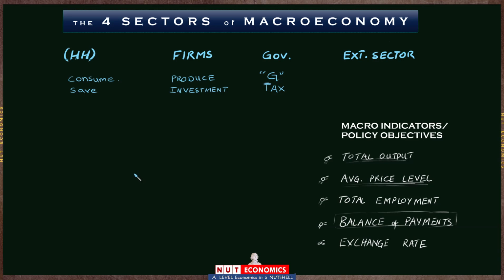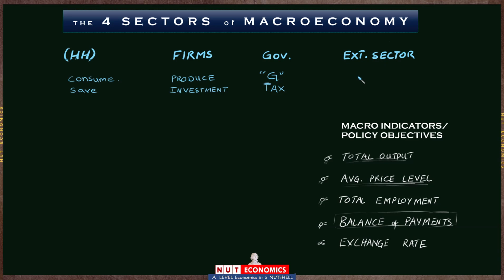But instead of looking at and analyzing the dealings and money flows between Pakistan and Saudi Arabia, and then separately between Pakistan and the USA and so on and so forth, in macroeconomics, we group together all the foreign countries into this category called external sector. It means all the countries other than Pakistan or the country that you are considering itself. That makes the external sector.